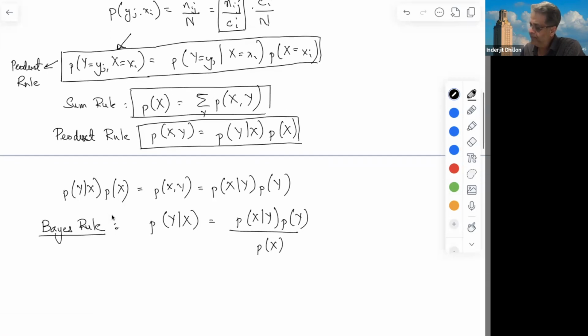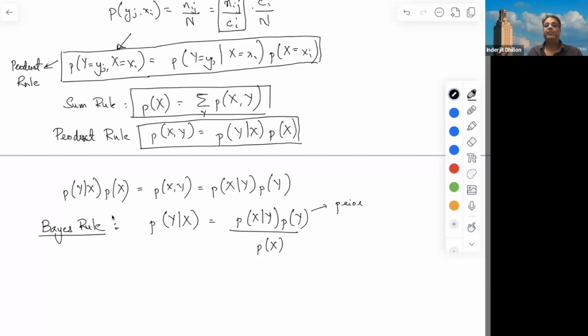Many times P of y is known as the prior. For example, suppose we want to classify an email as spam or not spam. In that case, y is a discrete variable that takes values spam or not spam.